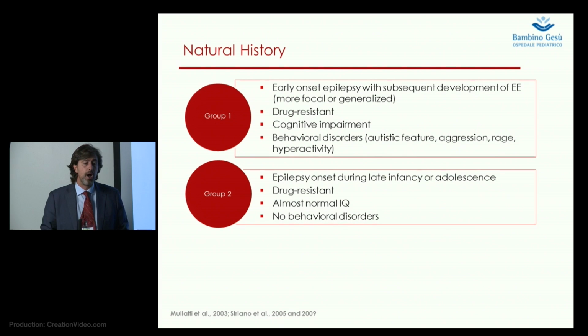The first one with an early onset encephalopathy, with lots of seizures, drug resistant and cognitive impairment, with the onset early in life. And the second one, maybe with a less severe condition, with almost normal IQ without clear-cut behavioral disorder.